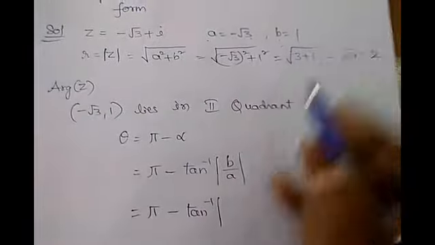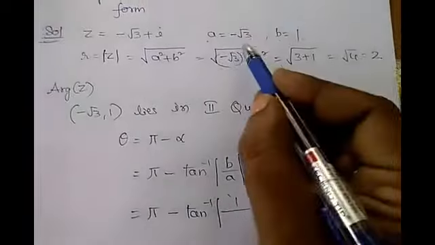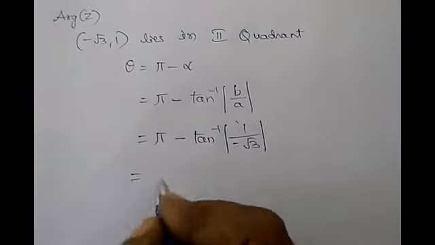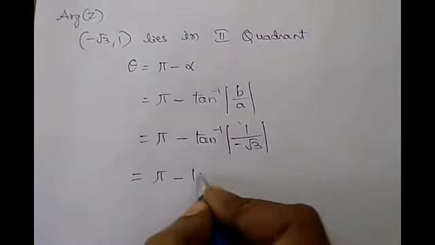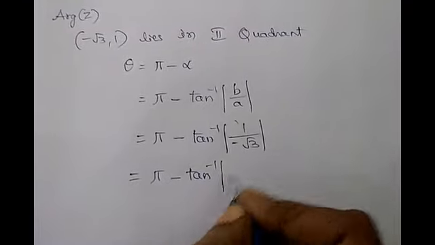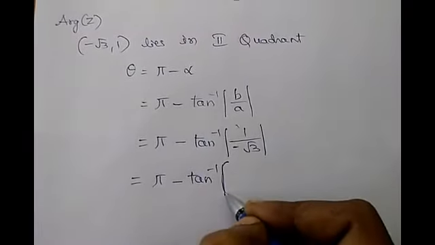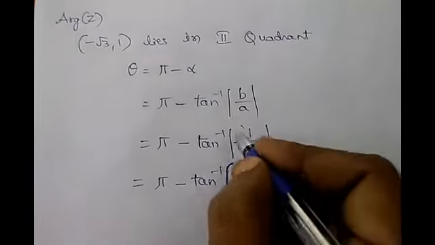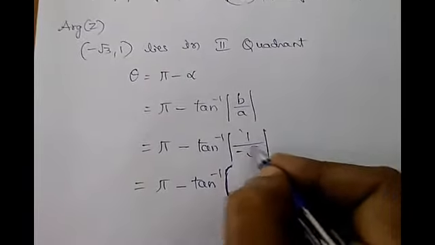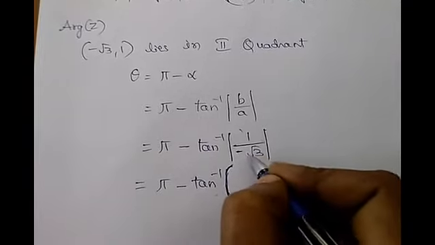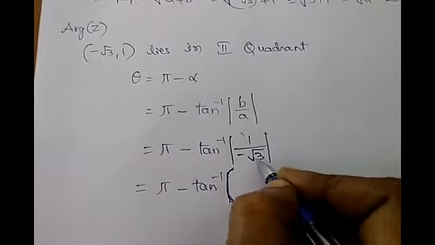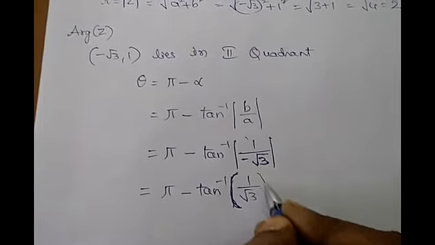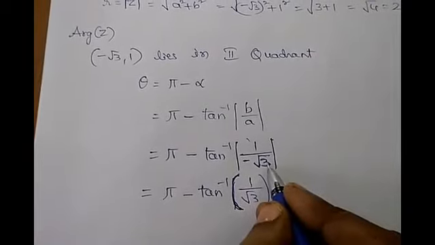What is B by A? 1 by minus root 3. That is equal to pi minus tan inverse of the modulus of minus 1 by root 3. The modulus of any number converts a negative number also into a positive number.